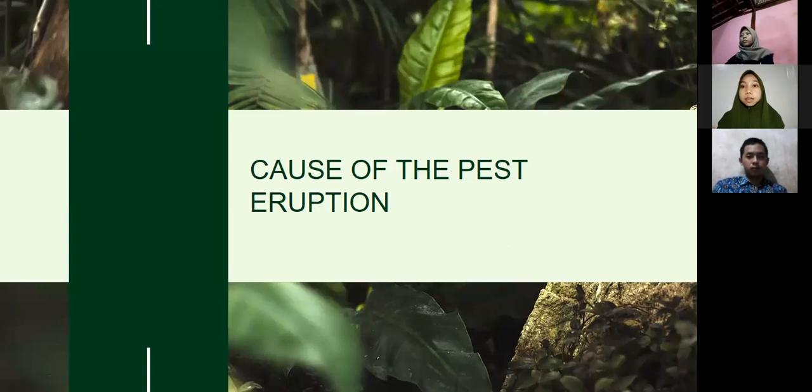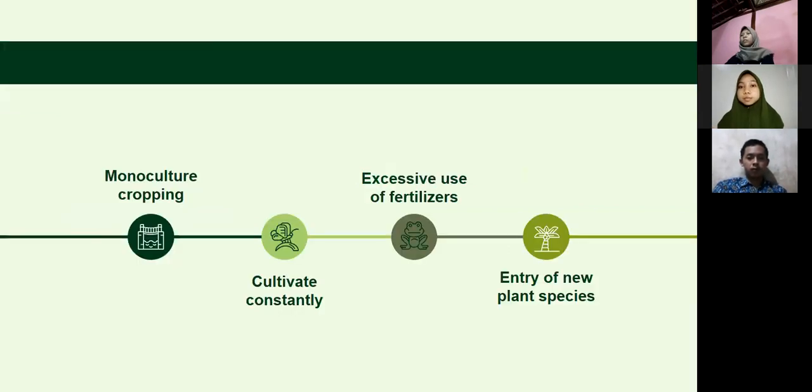Cause of the pest eruption. One is monoculture cropping. In the agricultural ecosystem, a simple biotic community is found because only one particular type of plant is planted for a long time over a large area. The situation is less stable and thus provides a stable environment for increasing pest population.